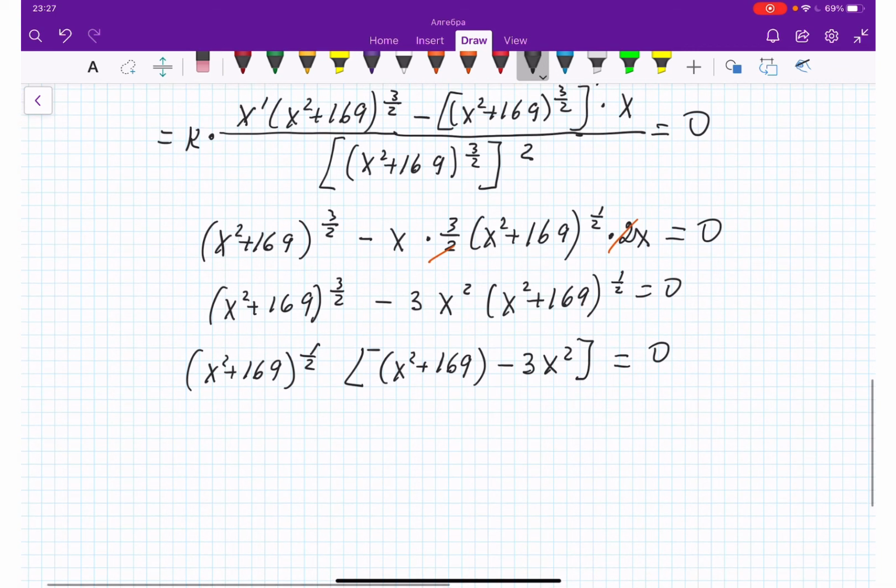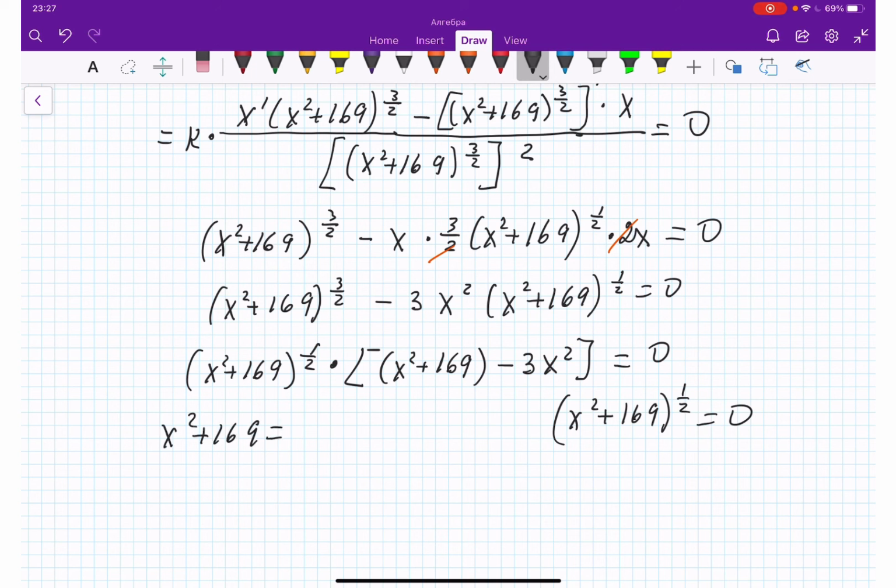Okay, so we got product here equals 0. So x squared plus 169 to power 1/2 equals 0, or x squared plus 169 is equal 3x squared.